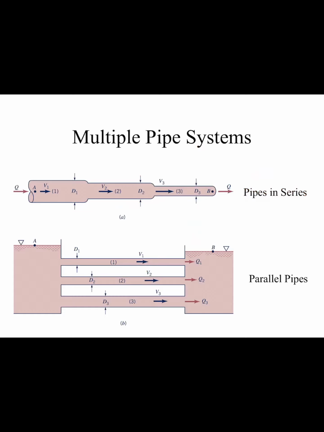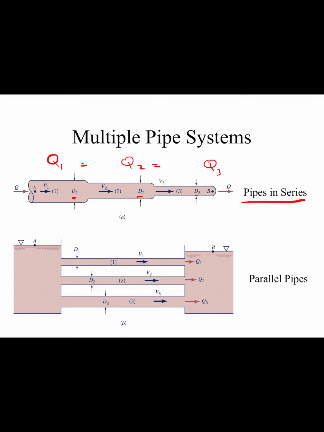The last thing I want to do is remind you about two different types of piping systems. So far we've been talking about pipes in series. In pipes in series, if we have here, say, a diameter D1, which is wider, and then it gets smaller and smaller, what we know is that the Q here is equal to the Q here, and it's equal to the Q here. We'll call that Q1, Q2, and Q3.